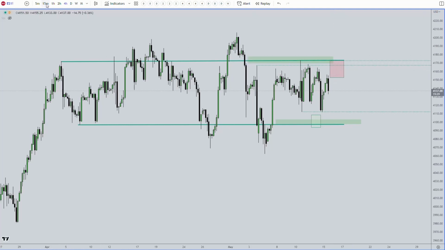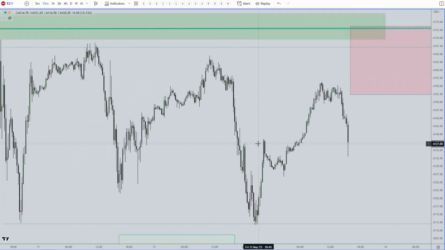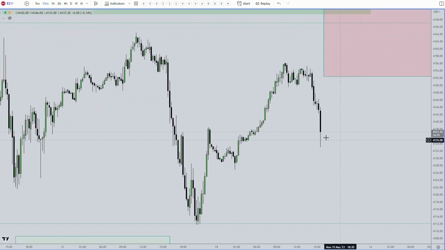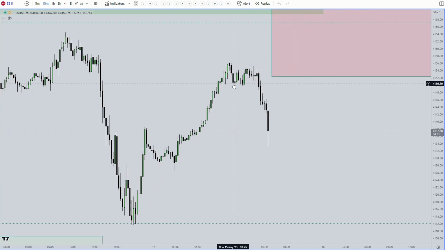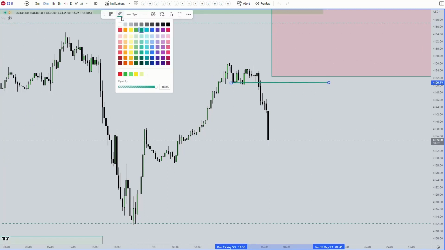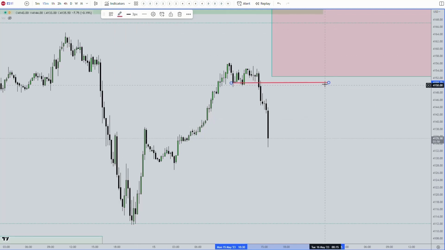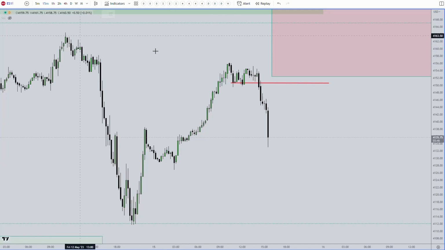So let's zoom in onto the 15 minute in our example here today. And what do we see? Once we had at least a trend shift on the 15 minute, we can then start to potentially take a trade.